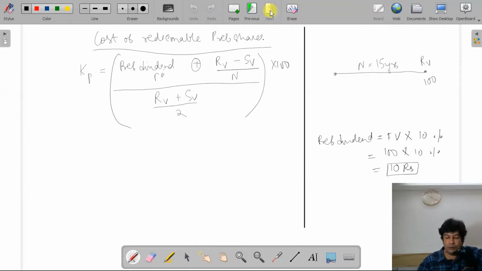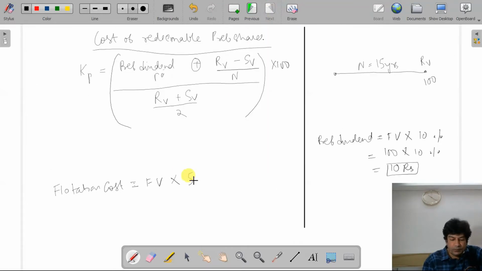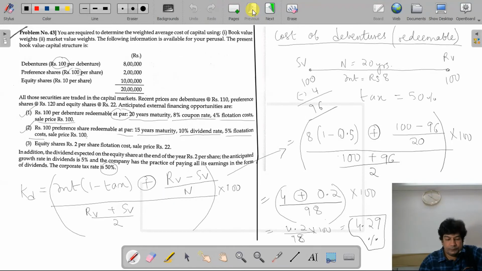So the flotation cost we are going to calculate on the face value into the rate of the flotation cost, which is 5%. You are aware that the face value is 100. So 100 into 5% is going to give me 5 rupees. So 5 rupees is my flotation cost.